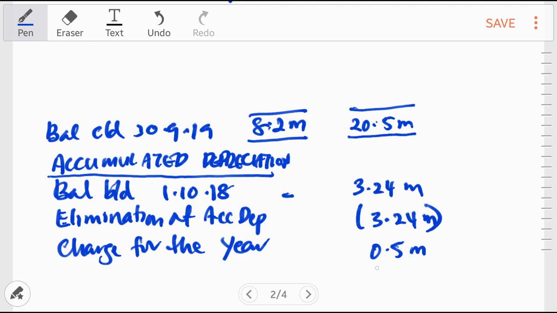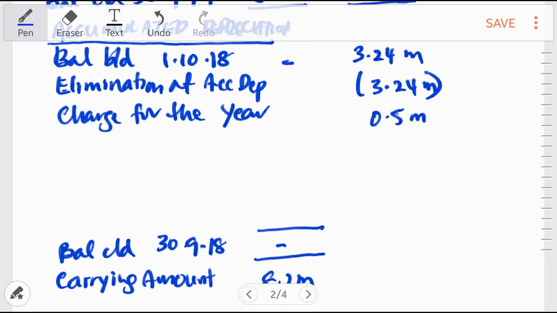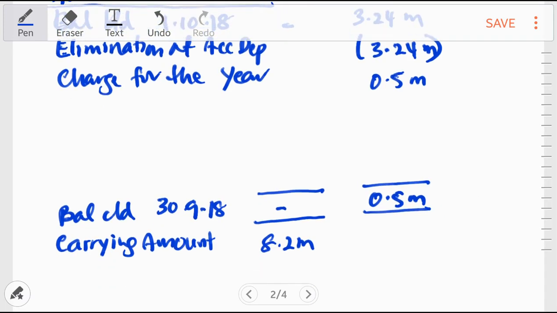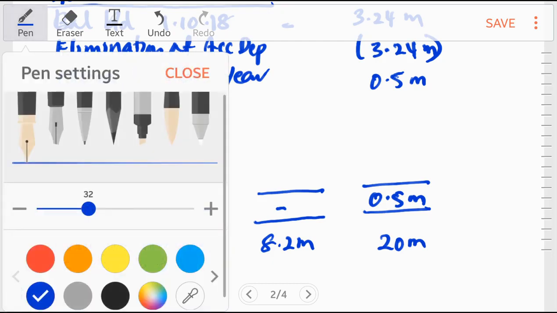And therefore, for this one, we are almost done for this section. You have 0.5 million for the accumulated depreciation at the end of the year, and that one will give you 20 million carrying amount as at 30th of September 19.